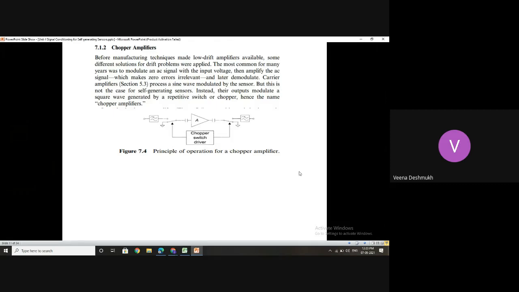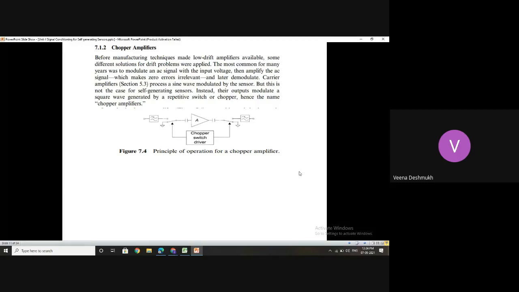Now earlier, all of us know what modulation is. Modulation is basically a technique where the modulating signal or the information signal is put on the carrier, and the carrier is usually a slightly higher frequency signal which carries the information or the modulating signal.